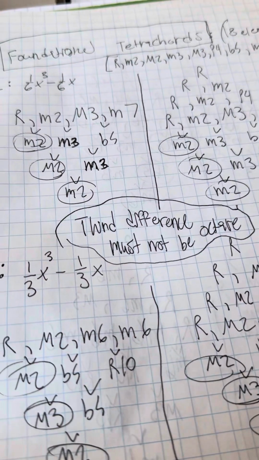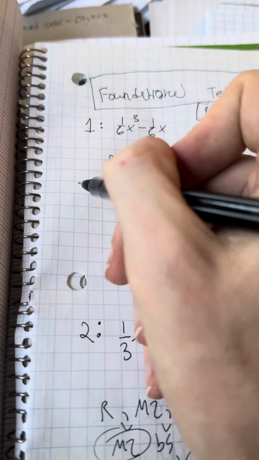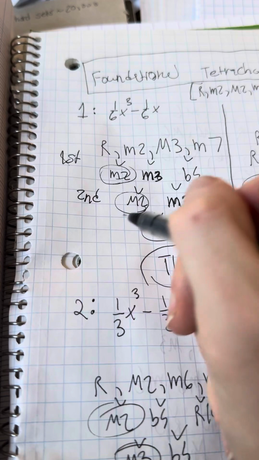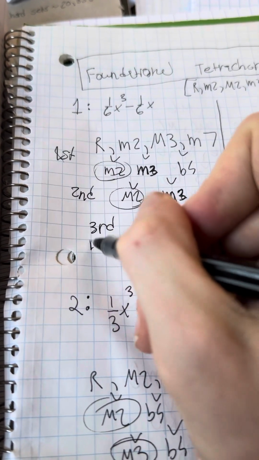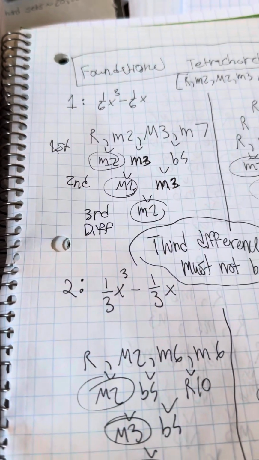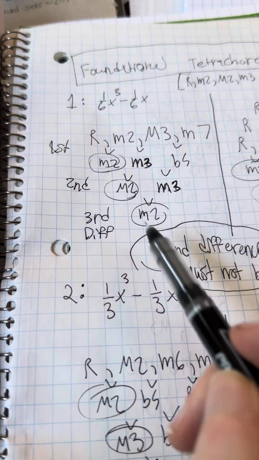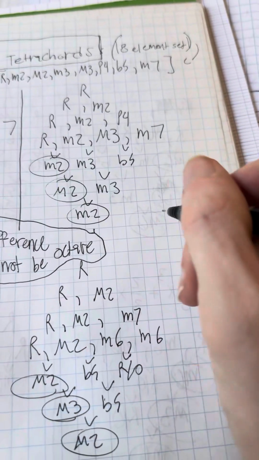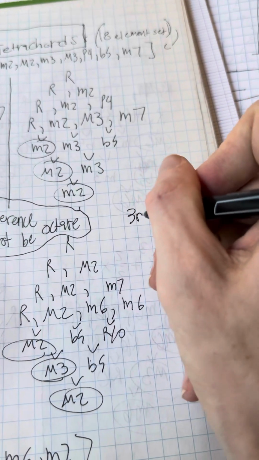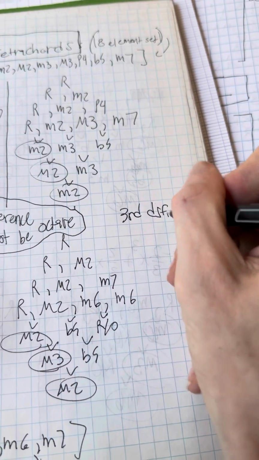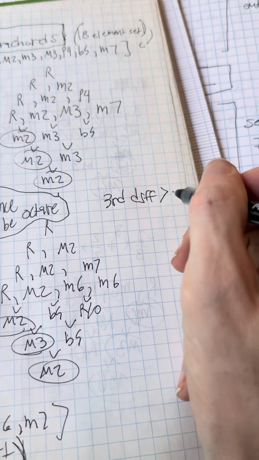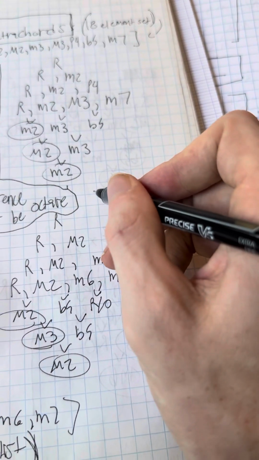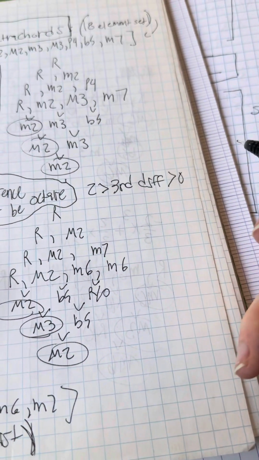All right, our third difference, meaning this is going to be our first, second, third diff. This number right here can never be a root or an octave, meaning it must be greater than 0 and less than 2.